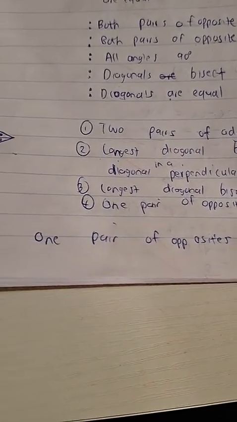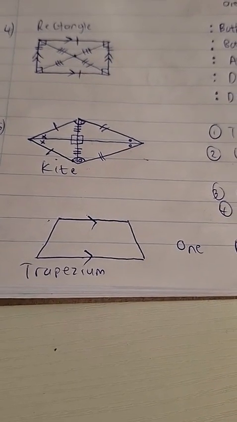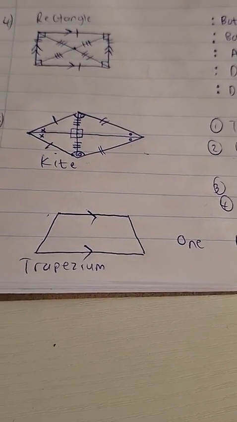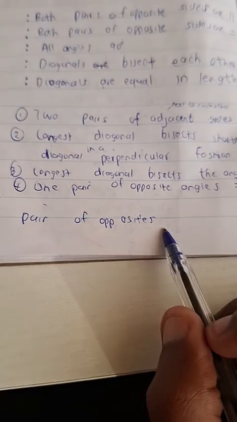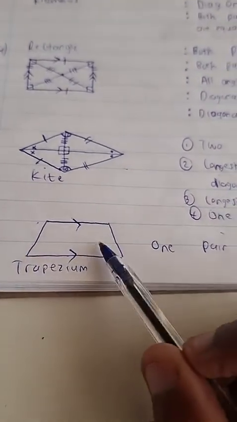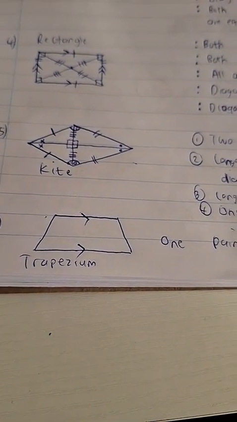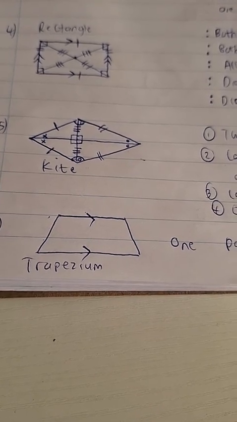What do we know about the property of Mr. Trapezium? One pair of opposite sides are... Let's see if you guys know. I'm waiting for someone to tell me. One pair of opposite sides of a trapezium are... I think we have listeners here only.